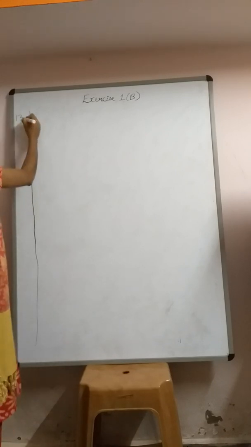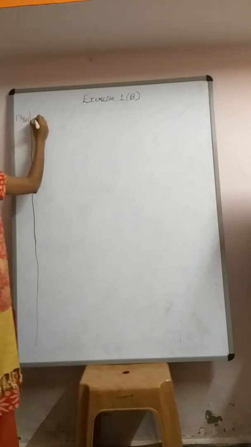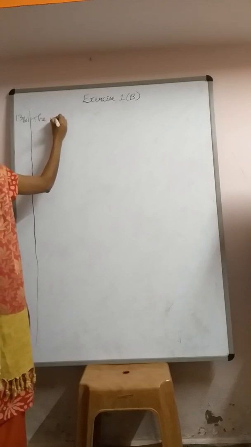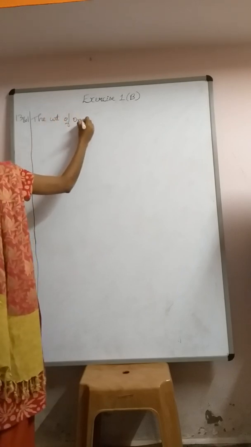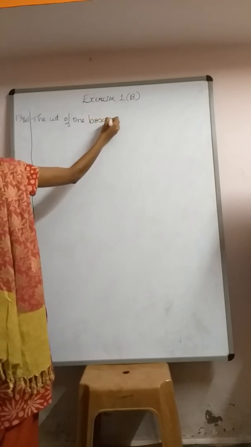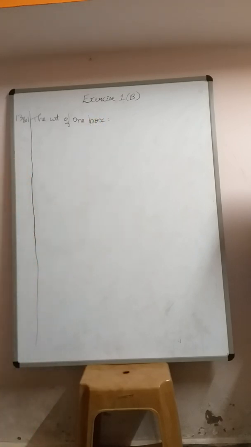So let us write the solution. The weight of one box, in short form I have written. So what is the weight of one box? 4 kg 800 grams.